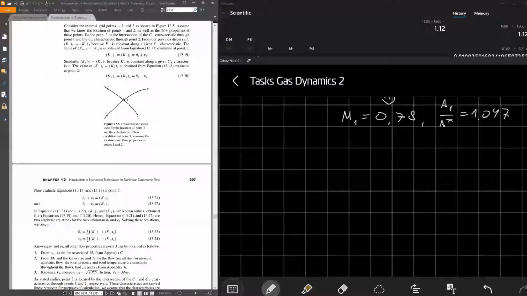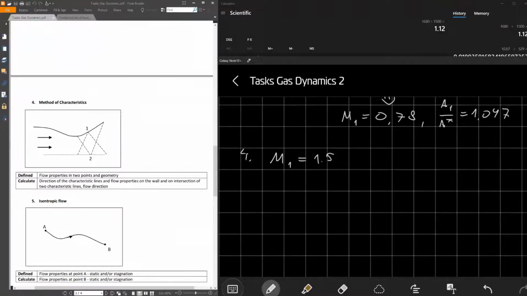To calculate, I will need to define the flow properties at point 1 and point 2. So let's assume Mach 1 is 1.5, and the direction of the flow at point 1, since it's on the wall, will have some direction defined.